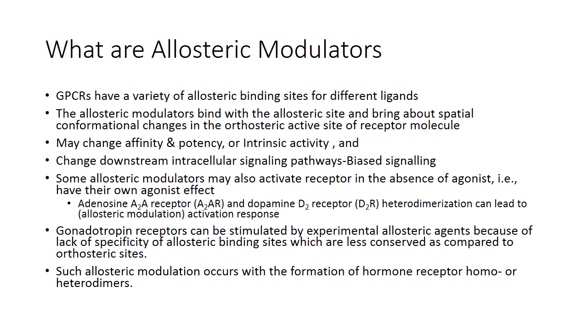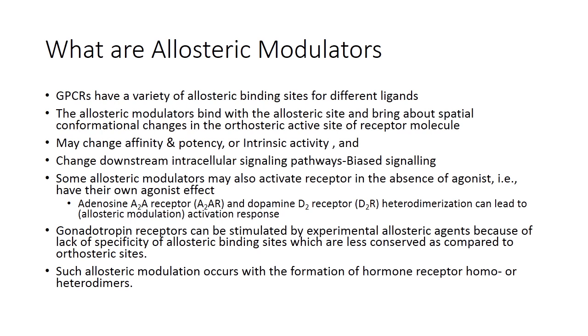Some allosteric modulators may also activate the receptor by itself, which I told you is called the own agonist effect. Examples are the adenosine 2A receptor and dopamine D2 subtype receptors, where heterodimerization may result in an activation response.